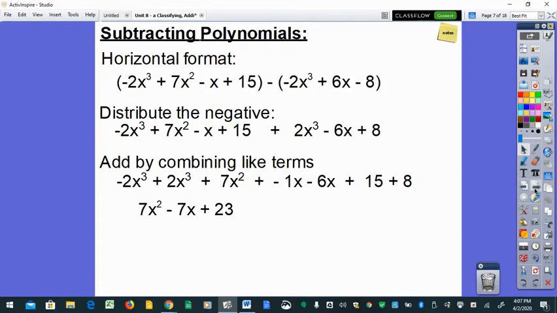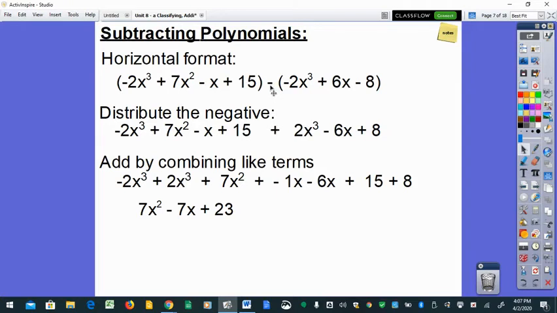It's not that different, but it is the tougher because the parentheses matter. So here is a polynomial, which happens to be in standard form, taking away another polynomial. When I go to subtract this second polynomial, I am not just subtracting that first term, I'm subtracting everybody. So I'm going to take away a negative 2x to the third, and minus a negative becomes a plus.